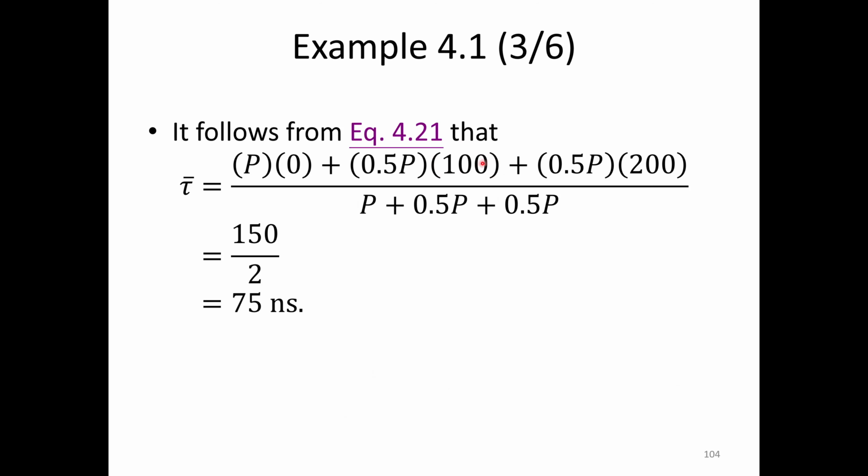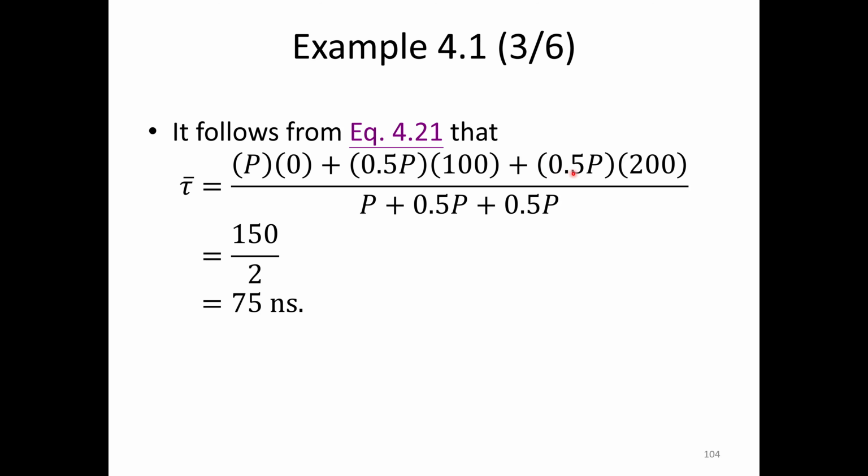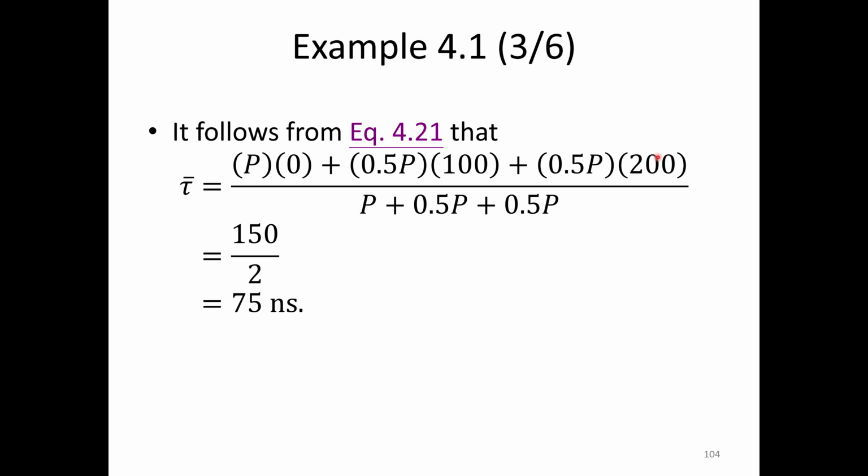So we write 100 here. Similarly, for the third impulse, the power is also 0.5 P, and tau k is equal to 200 nanosecond.